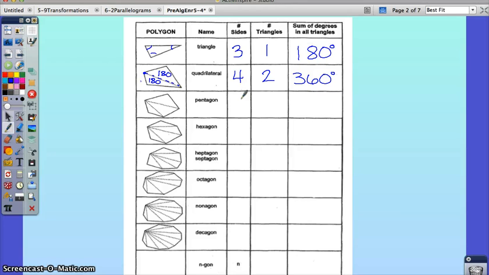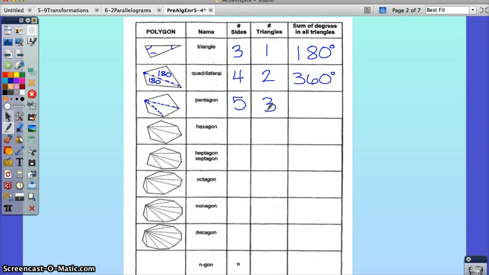A pentagon has 5 sides. We start from this vertex, and if we draw a diagonal to any non-adjacent vertex, I can't draw any more triangles there without overlapping them. This is the minimum number of triangles. There's 3.